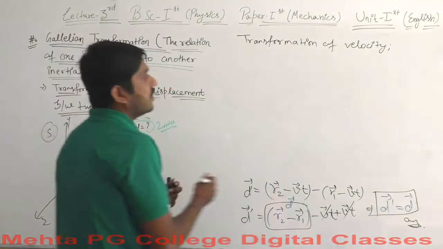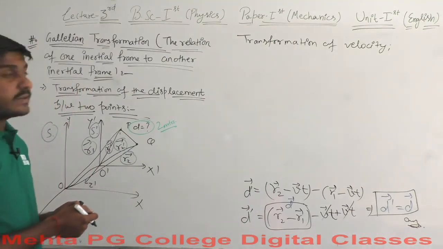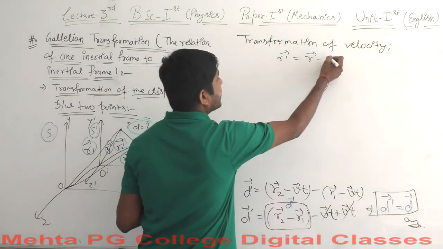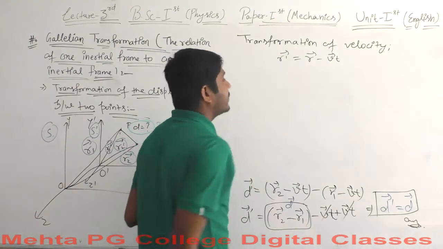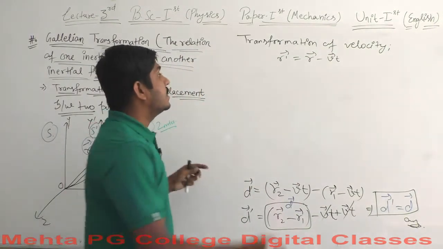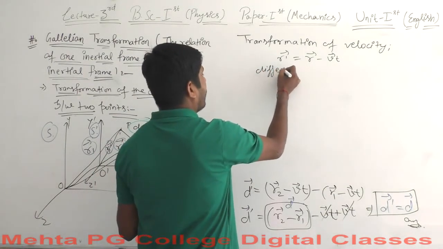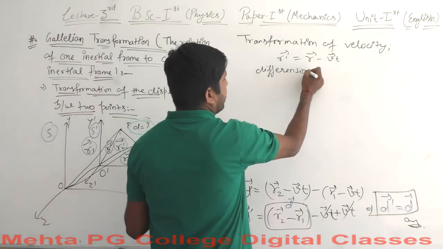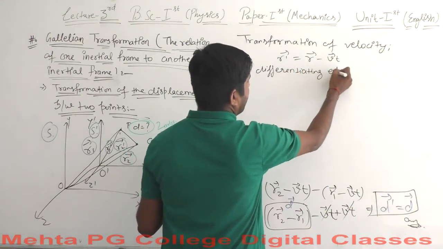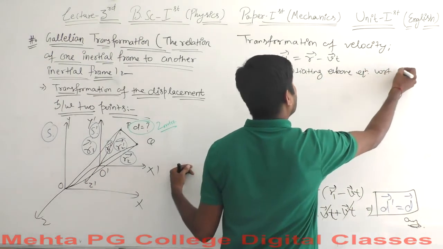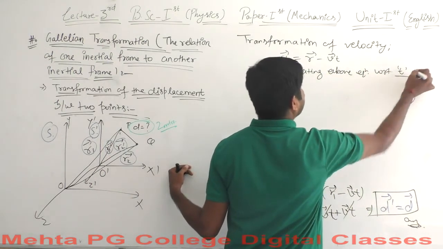The transformation of velocity. If you remember, we talked about r dash vector equal to r vector minus v vector t. We concluded this result, so we will differentiate this equation above with respect to time t.